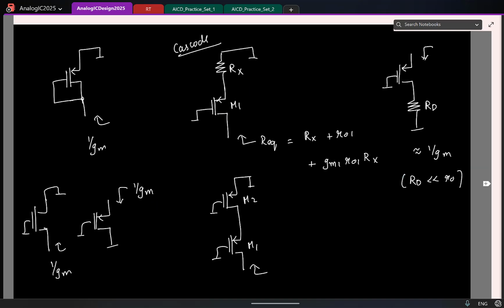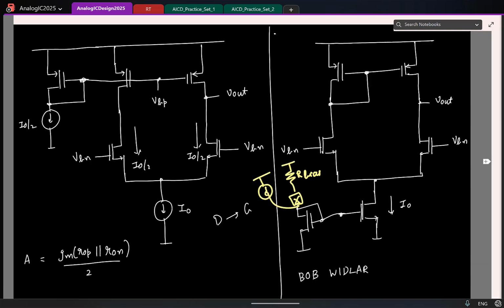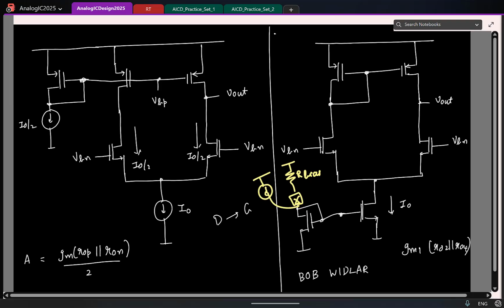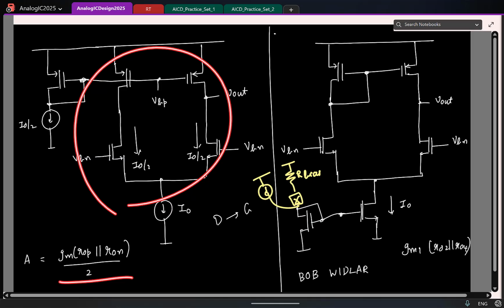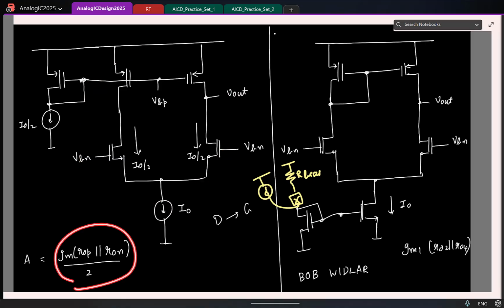Great. So let me just look at our circuit. Here we know the gain is GM1 times R02 parallel R04. Correct. Now let's compare the earlier circuit we had. So here you see the gain is how much? If I compare these two, which is having a higher gain?